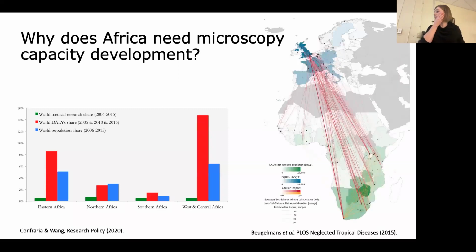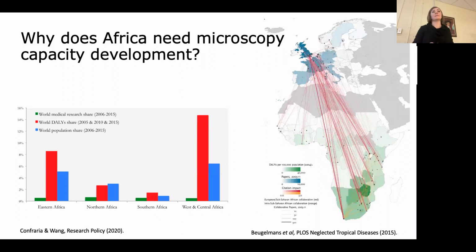And this is another graph, just showing across Africa. Green, again, is a metric of disease burden per capita. Those red lines all over the graph show that there is research being done in Africa to address this disease burden. It's primarily collaborative with the global north.